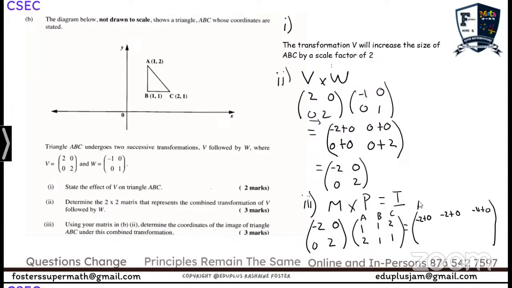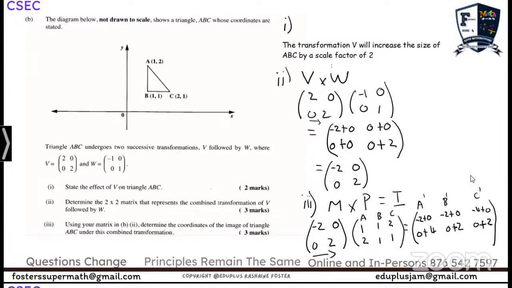Then negative 2 times 1, negative 2, plus 0. And that is A prime, B prime, C prime. Then next row, 0 times 1, 0, plus 2 times 2, 4. 0 times 2, 0, plus 2 times 1, 2. Then 0 times 1, 0, plus 2 times 1, 2.